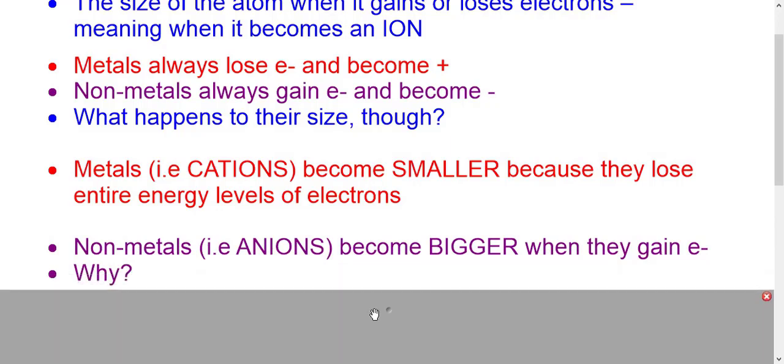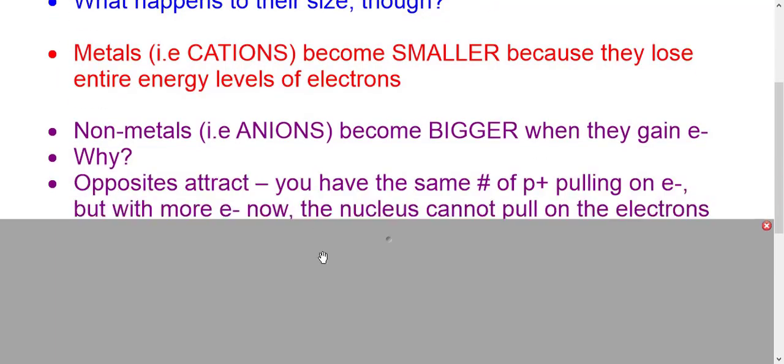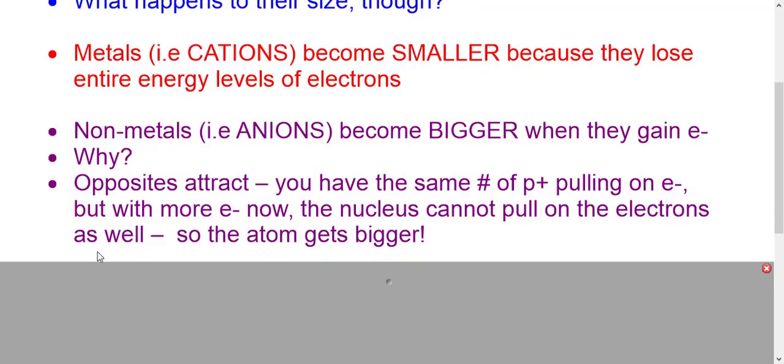Versus nonmetals, your anions are going to become bigger because they gain electrons. So why is that? Opposites attract, okay? In a normal atom, you have the same number of protons pulling on electrons, the same number of protons as electrons, because remember, all atoms are neutral.